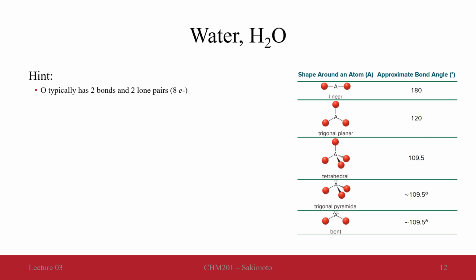But rather than it just being 2 things arranged around the central oxygen, our Lewis structure shows us that there's also 2 sets of lone pairs to give, again, a total of 4 things surrounding this oxygen.